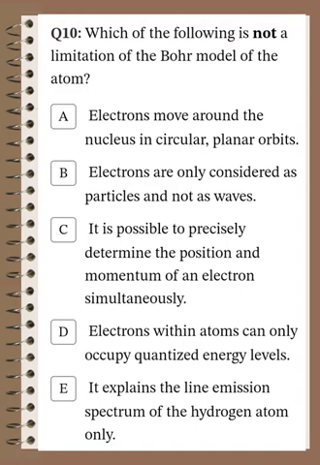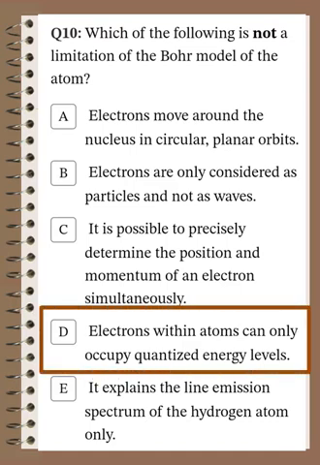Electrons within atoms can only occupy quantized energy levels. Okay, maybe. It explains the line emission spectrum of the hydrogen atom only. What do we think about it? I think it's easy to know that electrons within an atom can only occupy quantized energy levels. Bohr supposes that electrons cannot be present in a condensed state, in cloud motion, or not in a fixed place or in a quantized energy level.